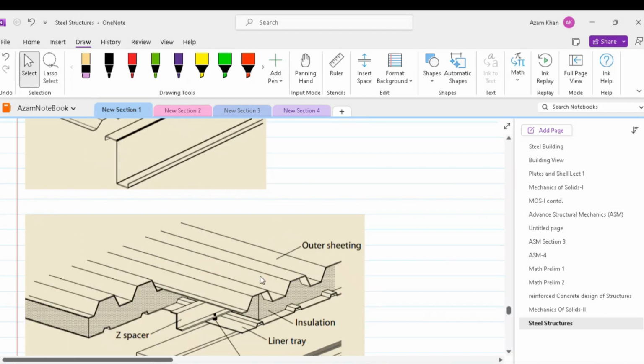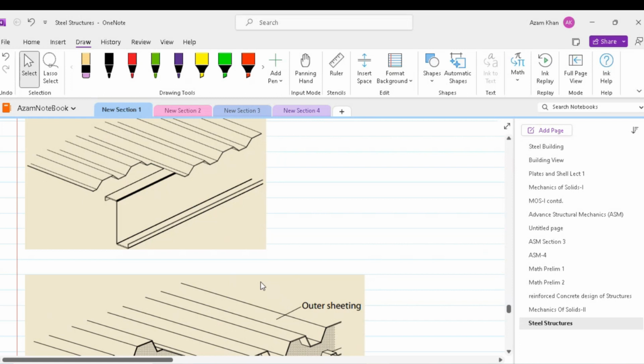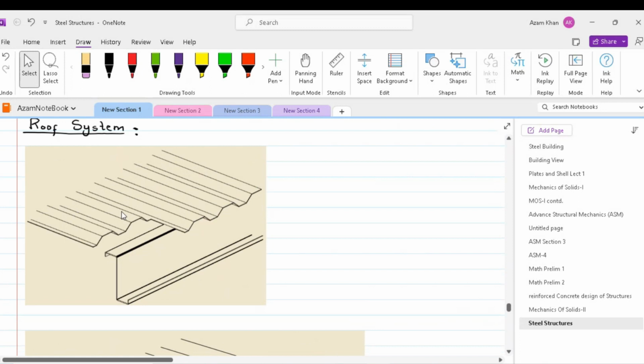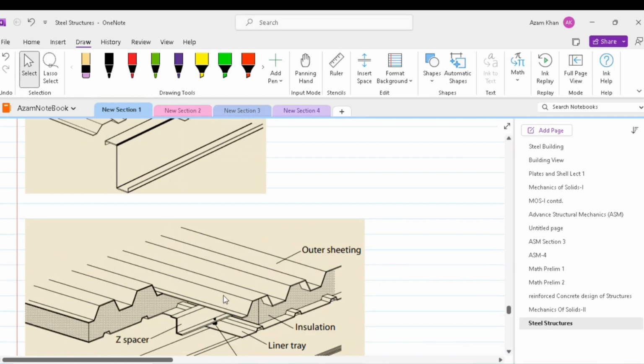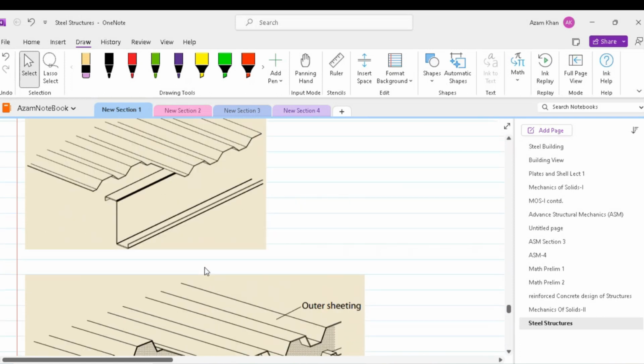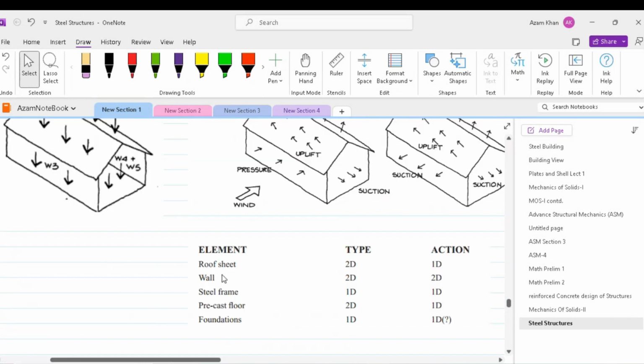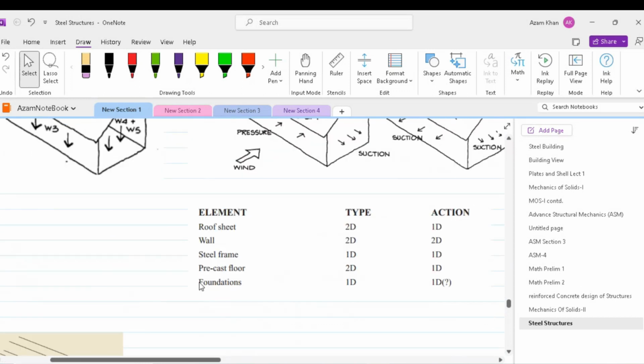Similarly, we can have many more types of cladding systems. The roof cladding system is a 2D structure as we can see in these two examples. However, the load which they transfer to the purlins and from there onwards to the hot rolled rafter is one dimensional. Now let us discuss the wall systems.